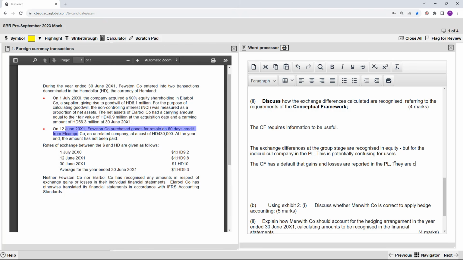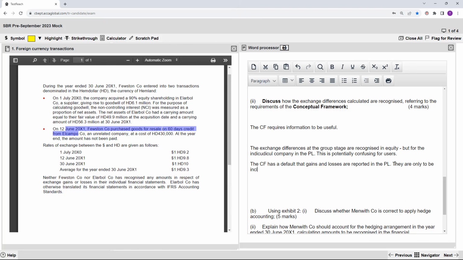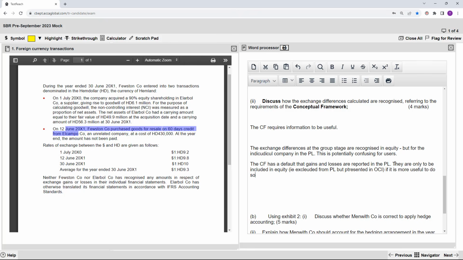They are only to be included in equity, i.e. excluded from P&L, but presented in OCI if it is more useful to do so.